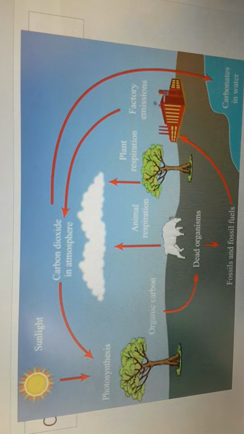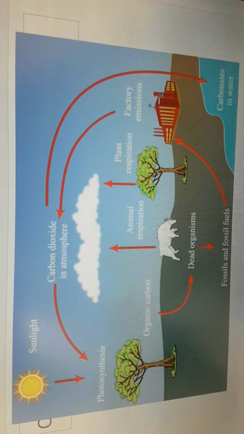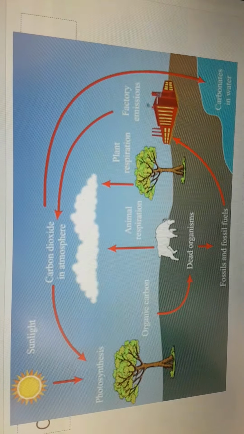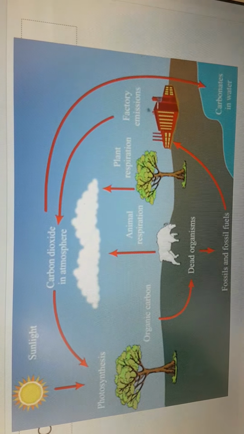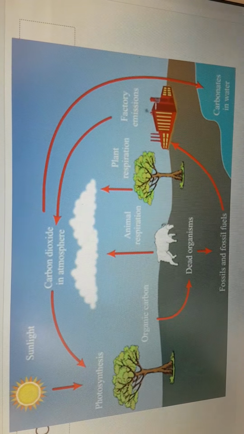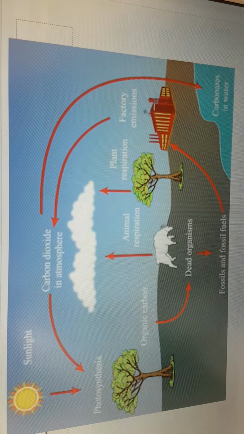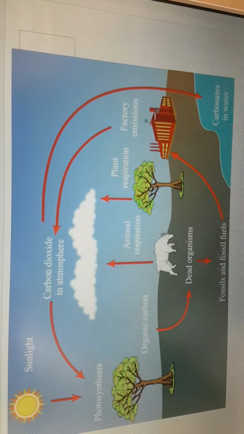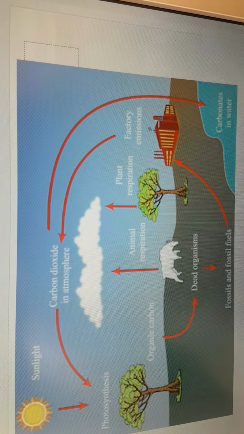Now, in nearly all cases, 99.9% of cases, when an animal or a plant dies, they decompose aerobically. Their bodies are basically fed on by decomposers, largely bacteria, but fungi as well.